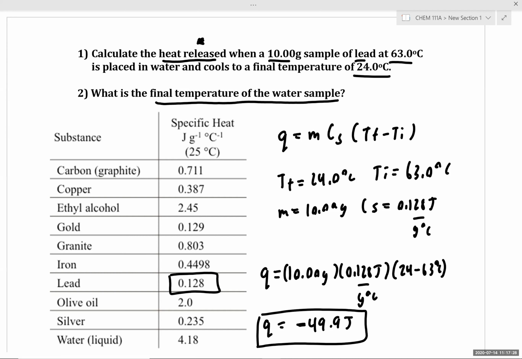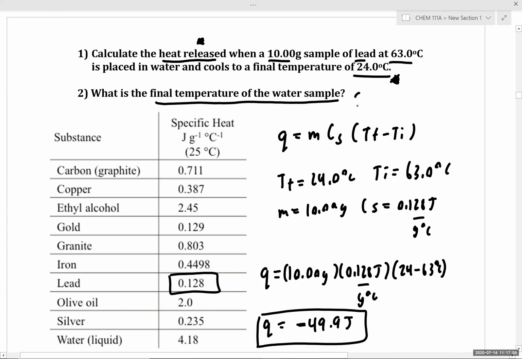Okay, now this may seem like an odd question, but would anyone like to propose what is the final temperature of our water sample if the lead reached a final temperature of 24 degrees Celsius in the water sample? What would our final temperature of water be if the lead is at 24 degrees Celsius at the end of this process? What's the temperature of the water going to be if the water exchanged heat with lead?